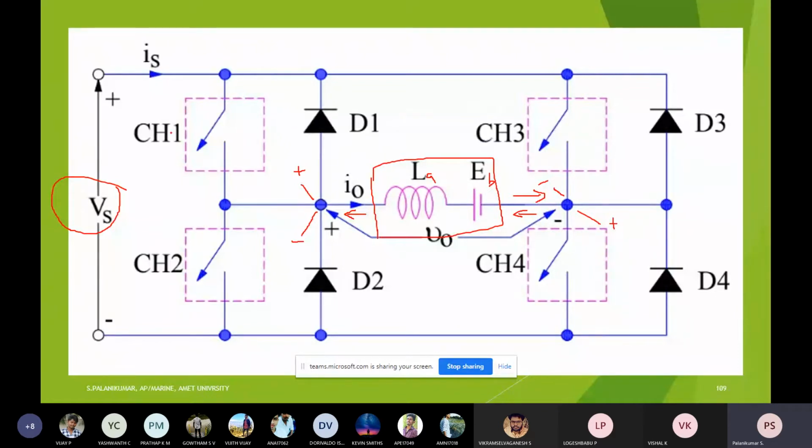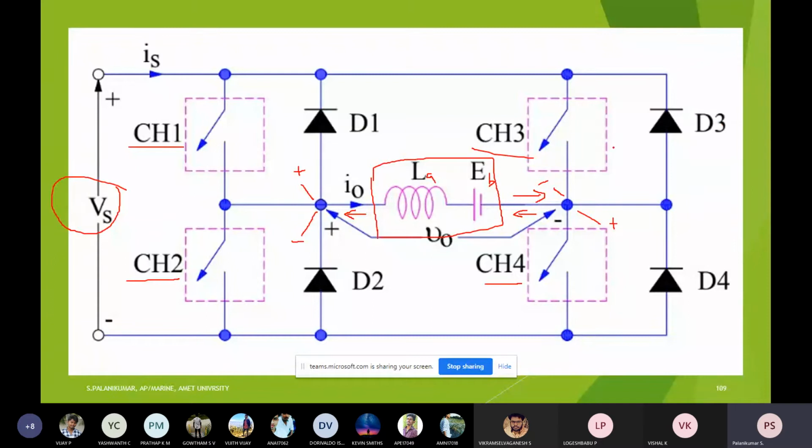So why I have made this is: CH1 is nothing but chopper one, chopper two, chopper three, and chopper four. These are all the devices. Across chopper one a diode is connected, called D1, and across chopper 2 another diode is connected in parallel, D2.